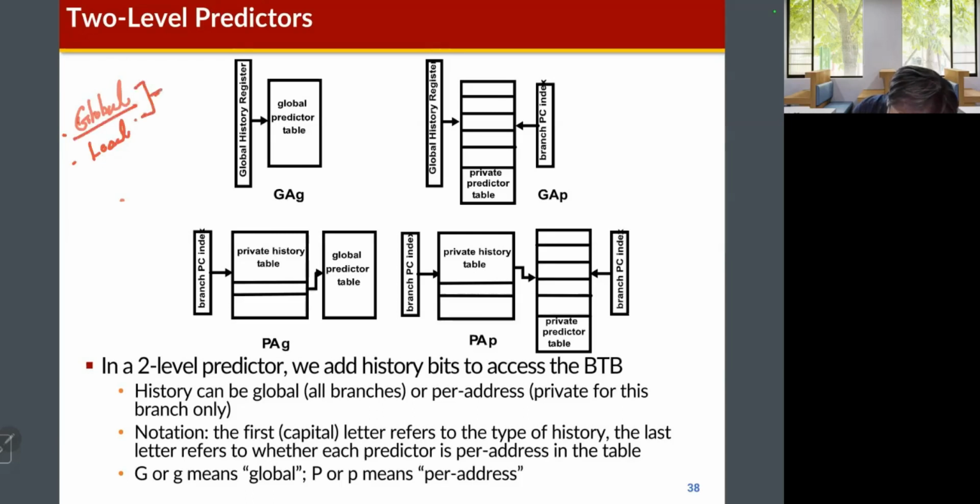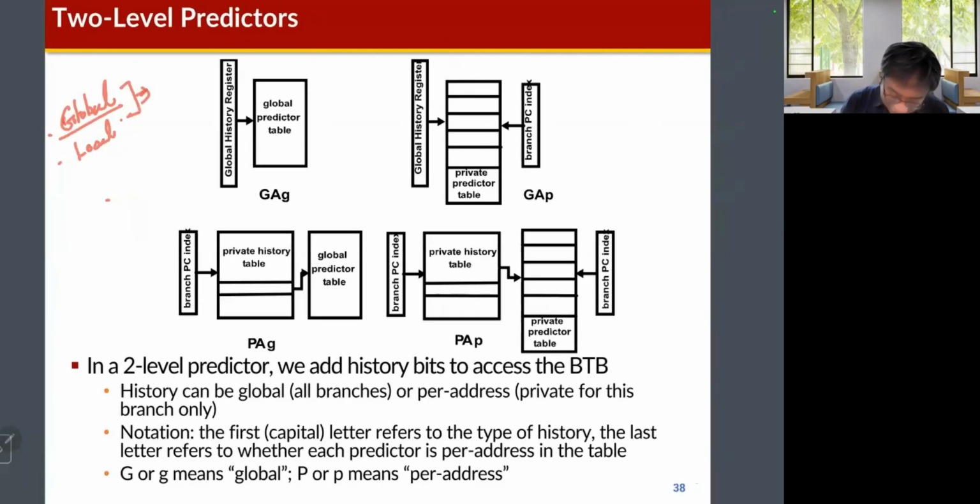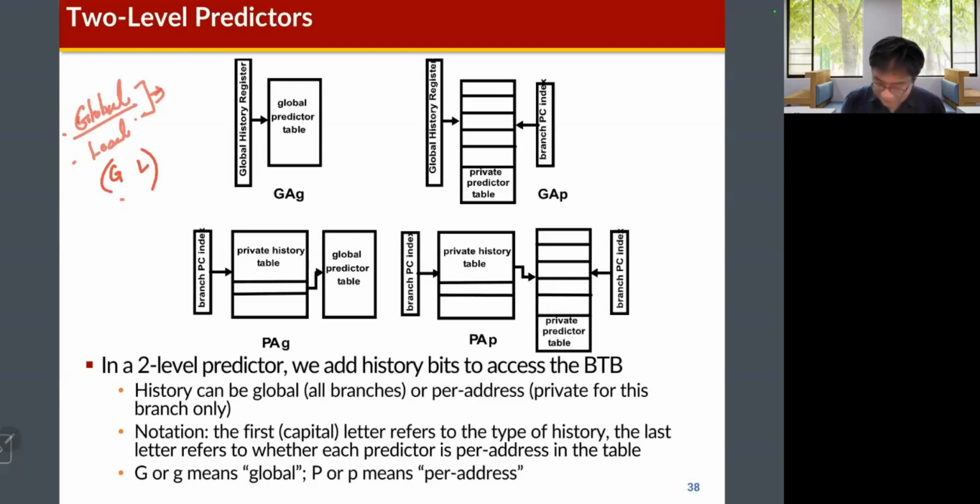So we can combine the global branch prediction and the local branch prediction to implement the two-level branch predictors. Then we can distinguish the two-level predictors as 4 cases, because it's a global and then local.